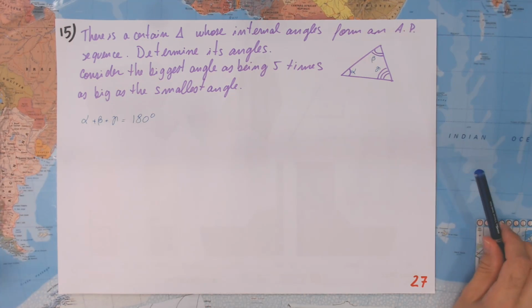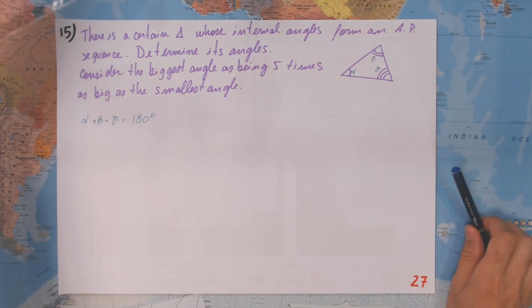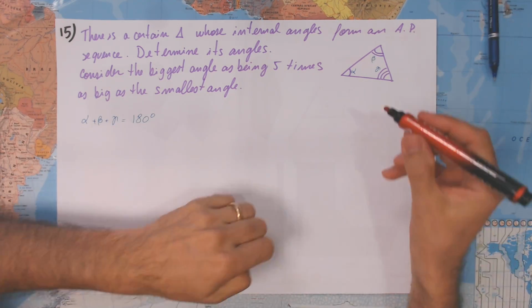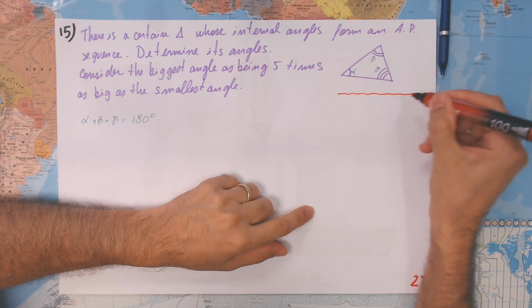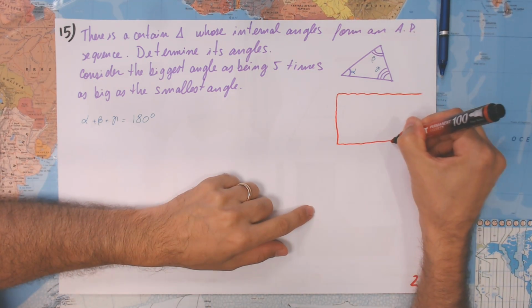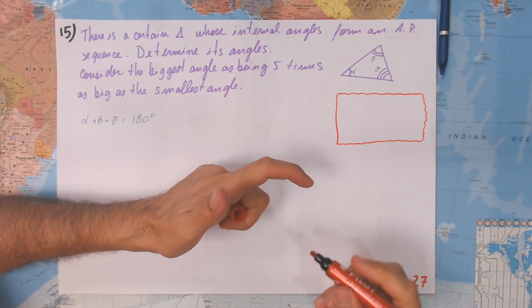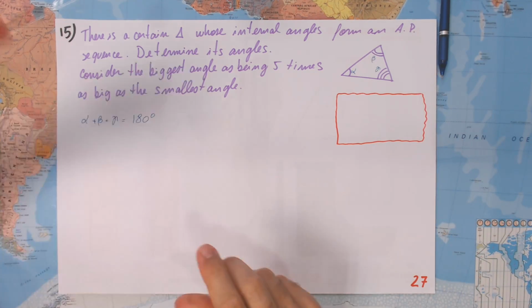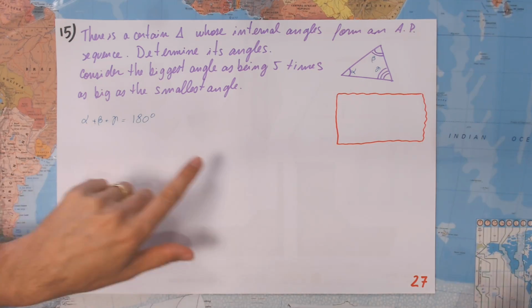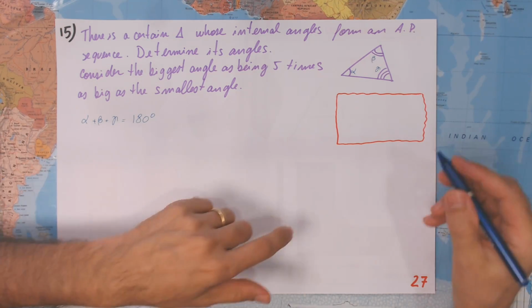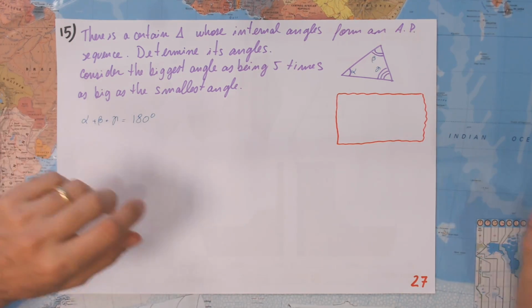Actually, allow me to escape a little bit from the problem, but it's math, okay? This is not the problem per se, but there is a general formula to calculate the angles of any polygon. It goes like this.